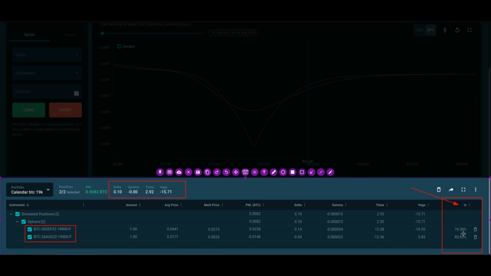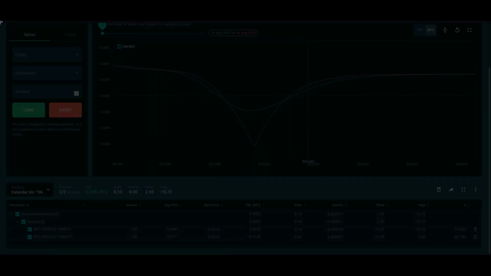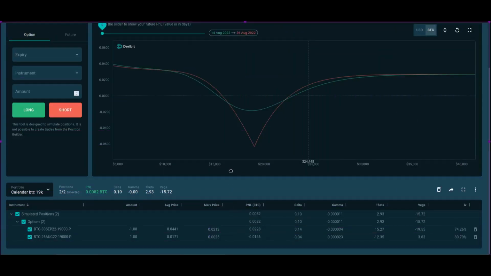We have three types of volatility in options. Three types of volatility, let me explain.